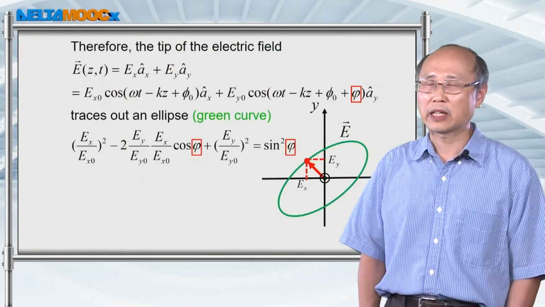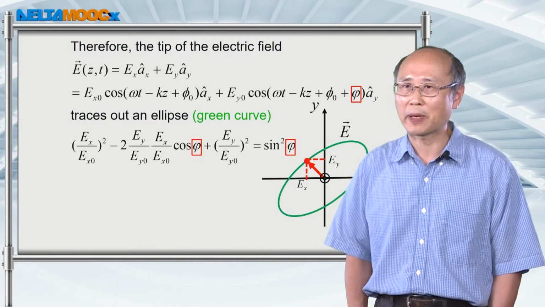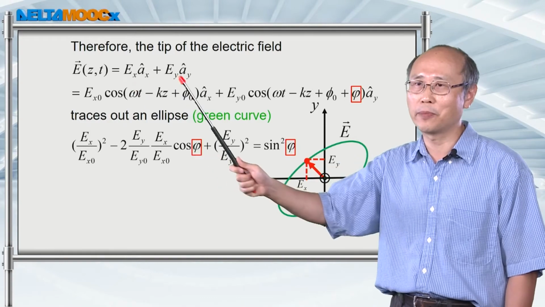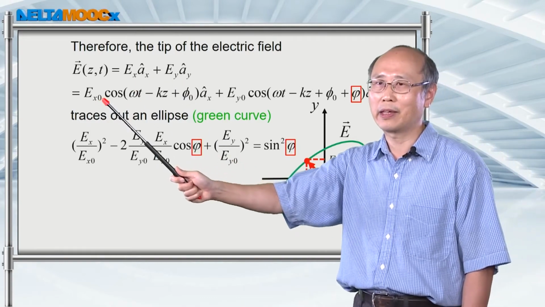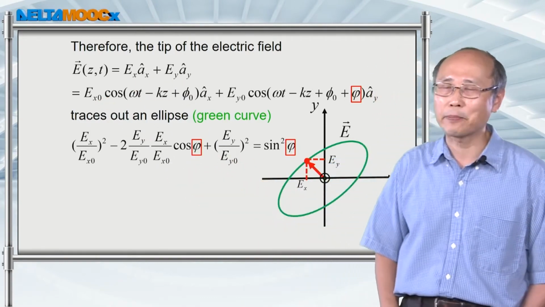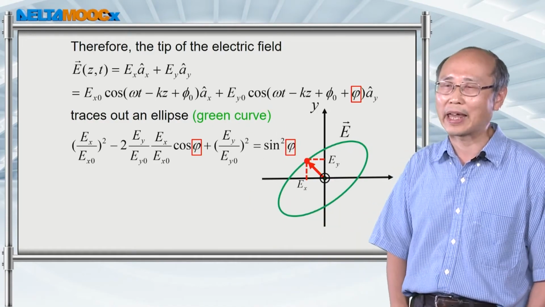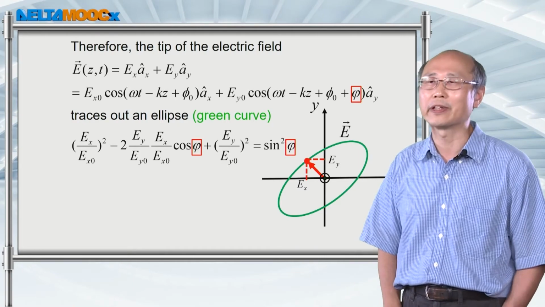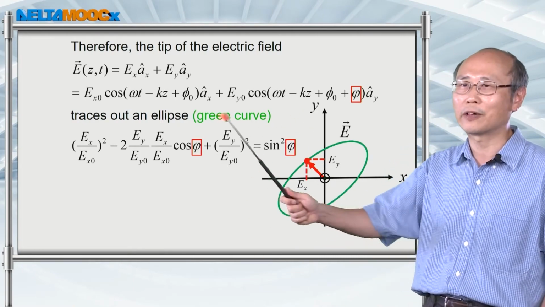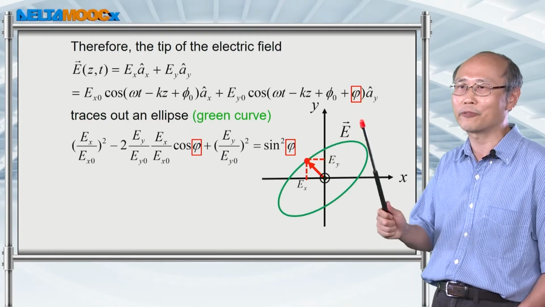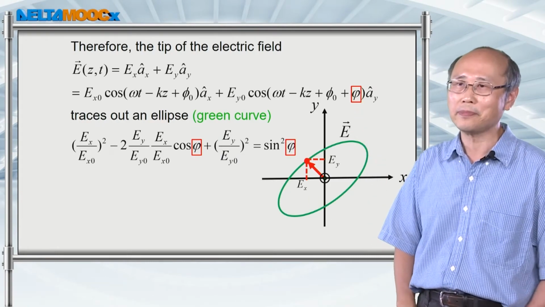So let's continue the conclusion from the last page. Now we write the electric field to have two components. And in these two components, the amplitude of the x component and y component could be any value. They are just arbitrary. And there's, in general, a phase difference between these two expressions. And we denote this phase difference to be phi.